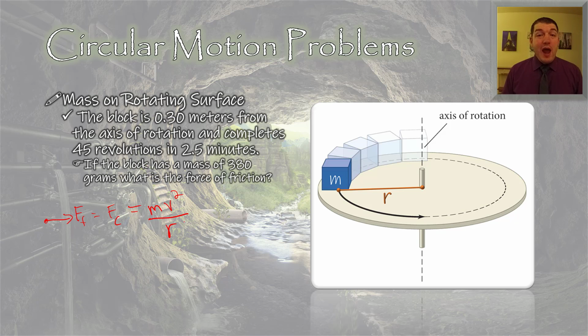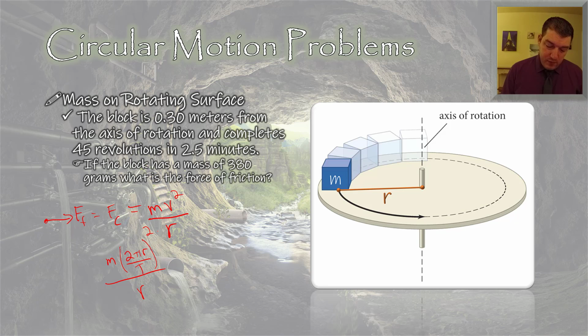I actually don't have v. We could go back and calculate it, but we saw in the last one, v squared over r ended up being 4 pi squared r over t squared. So I can reuse that same relationship. The mass times 2 times pi times r divided by t, because that's the period, all divided by r.